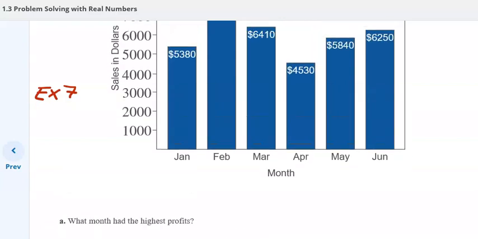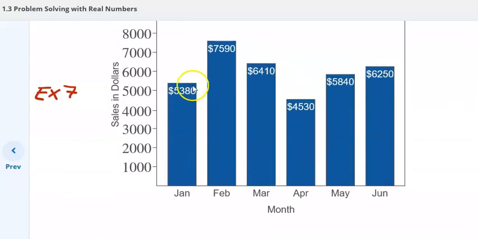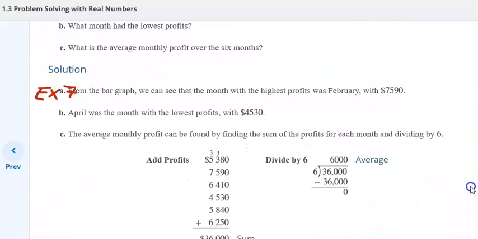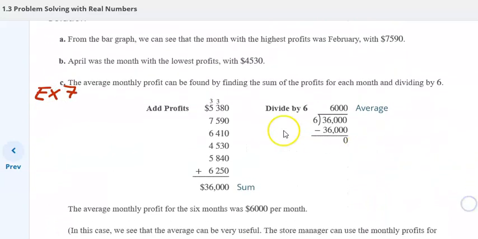Now, what you would have to do here is add up all of these and then divide by what number? 6. So they have it worked out. I will show it to you right here. So take a moment, list your profits.